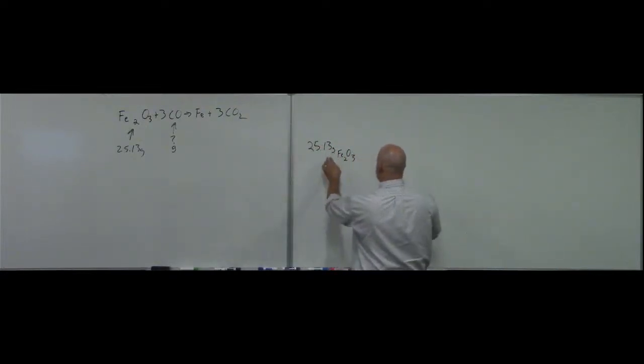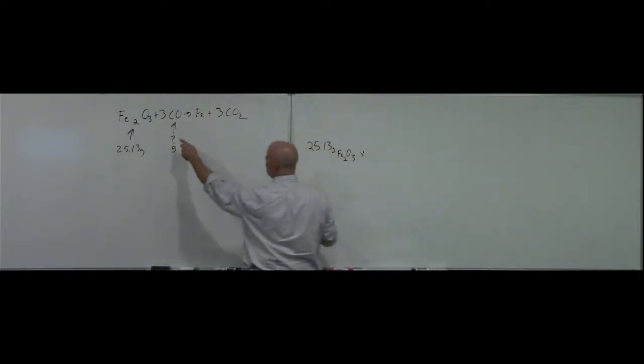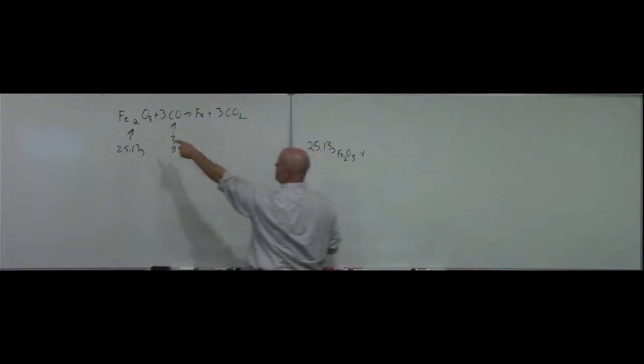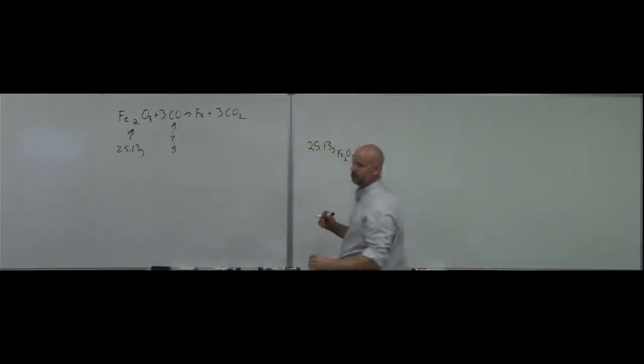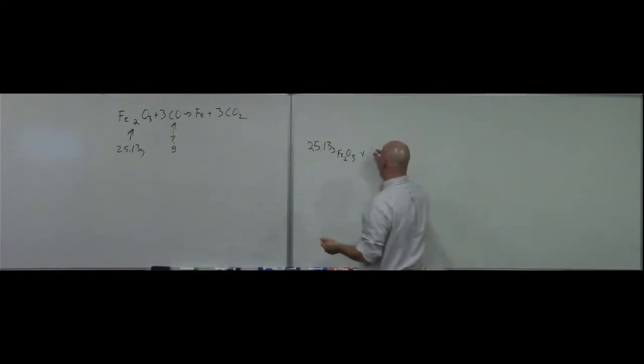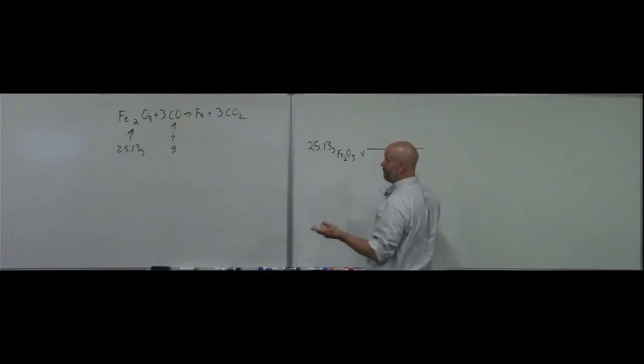So, all right, I got this. I'm looking for this. How do I begin to get from some measure of this to some measure of that? Moles. Yeah, I want to get to moles, right? So I can take this and I can multiply it by my formula mass, my molar mass, right?